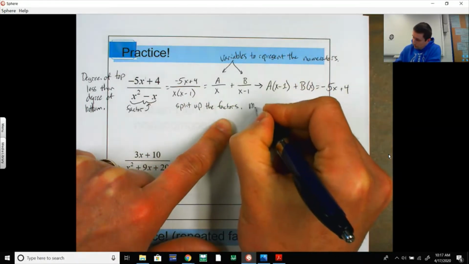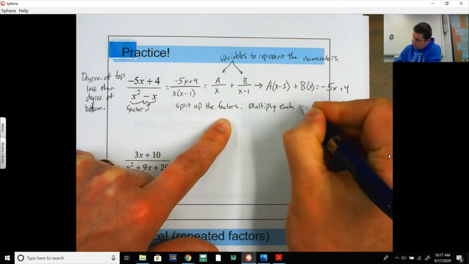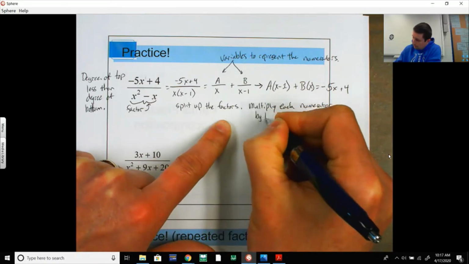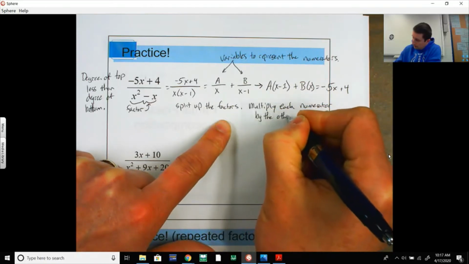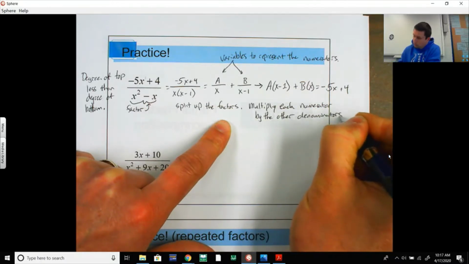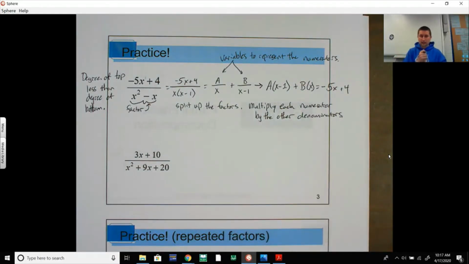So what we did is multiply each numerator by the other denominators. If you have more than one, you'd have to use more than one there. So a times x minus 1 plus b times x has to equal negative 5x plus 4. I am going to get pretty tight with this, so I'm going to move to another sheet of paper.